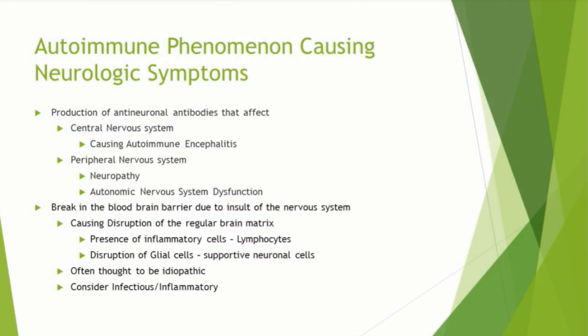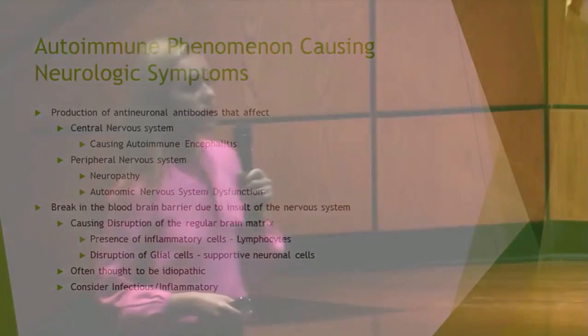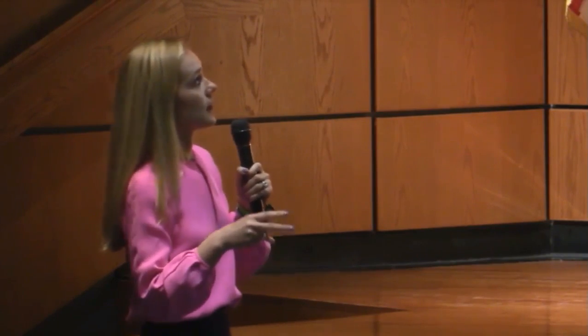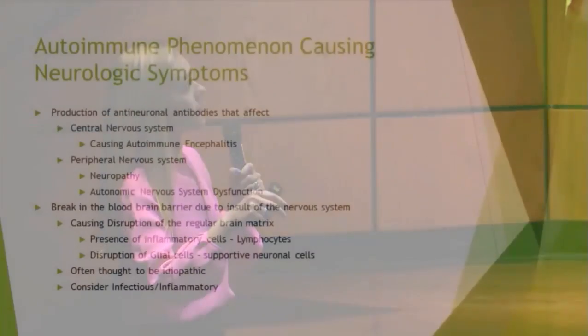So the production of antineuronal antibodies. This slide is a little bit busy, but what I want to do is define the autoimmune phenomenon causing neurologic symptoms. These antineuronal antibodies that are produced and triggered by the infections affect the central nervous system.